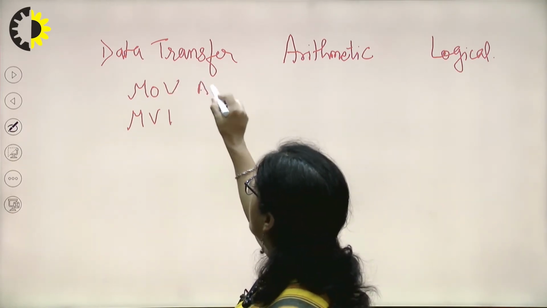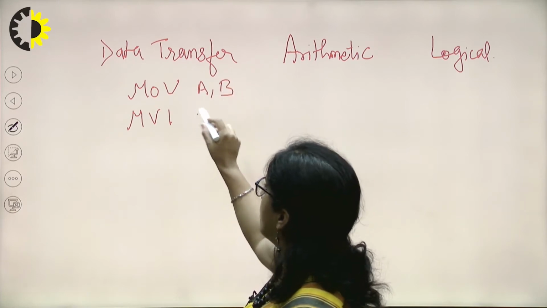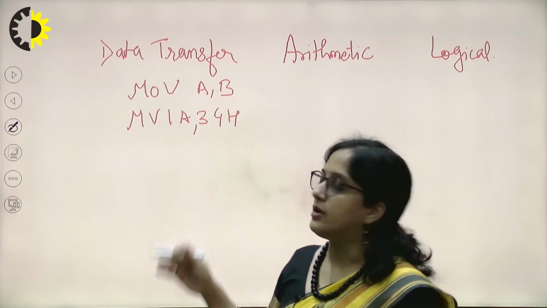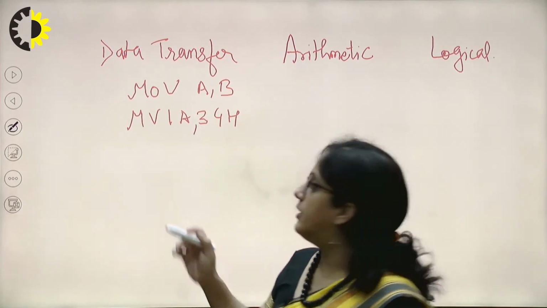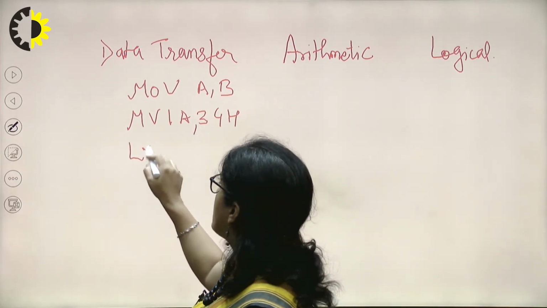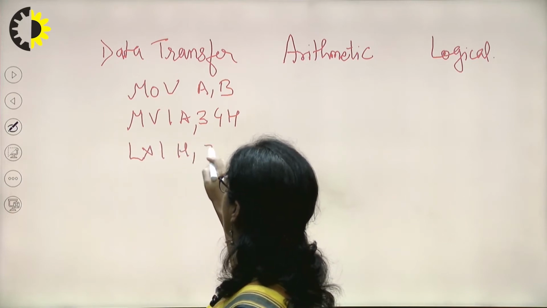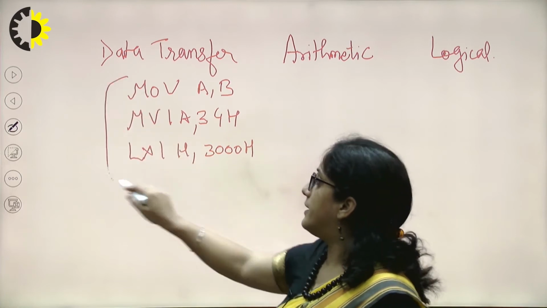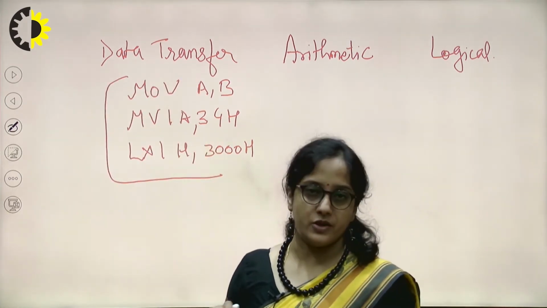MOV A comma B is a 1 byte instruction. MVI A comma 34H is a 2 byte instruction. So on the basis of number of memory locations required, these are 1 byte, 2 byte and 3 byte instructions, but all of them come under the category of data transfer operation.